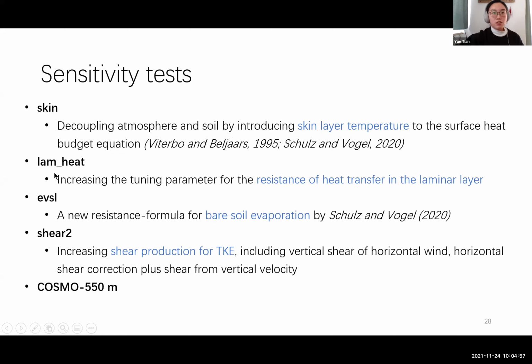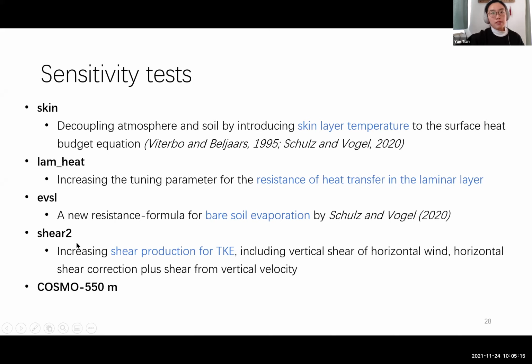The first two experiments aim to decouple the atmosphere from the cold soil. The third one is just a better representation of the surface processes, the bias in soil evaporation.